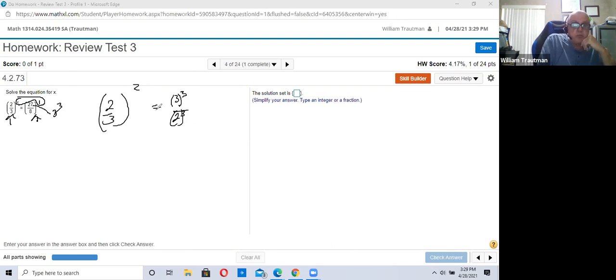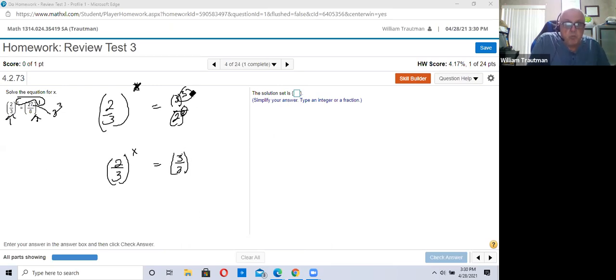So another way of writing this is, wait, this is an x here. (2/3) raised to the x power equals (3/2) raised to the 3rd power. Do you see each one has a power of 3? So the whole thing is a power of 3. 3 to the 3rd and 2 to the 3rd.